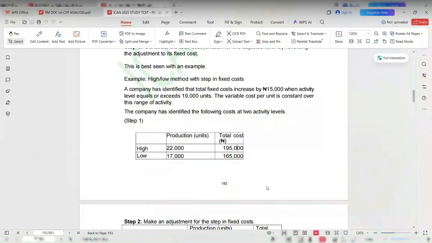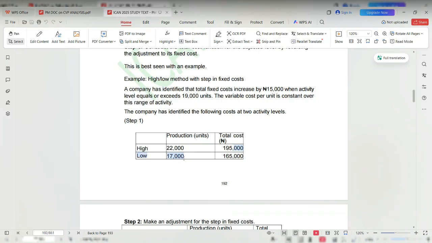Now look at it. The lowest unit they produced in that particular period was 17,000. But the highest they produced was 22,000. Definitely, they must have incurred an additional step cost, because they have produced more than this 17,000. You can see 17,000 here.